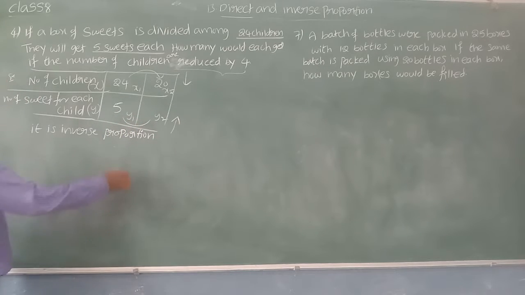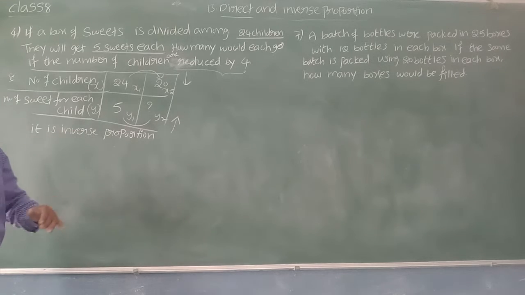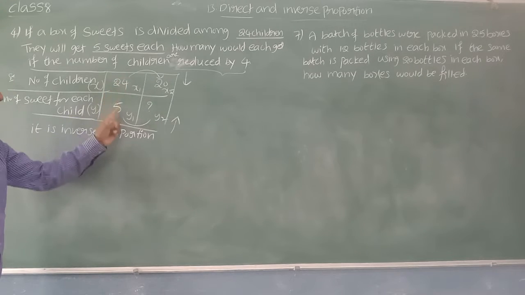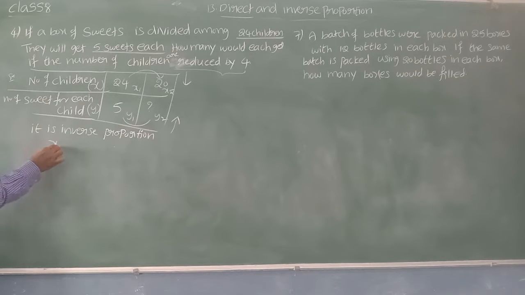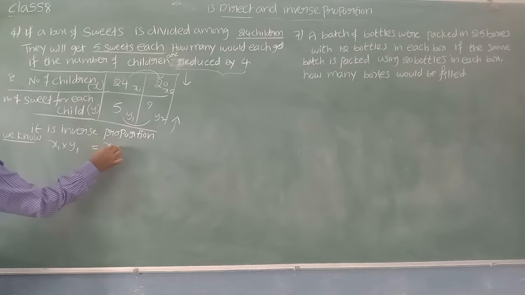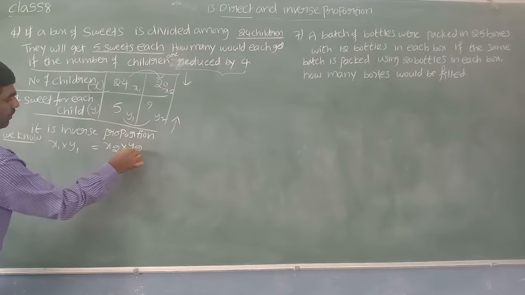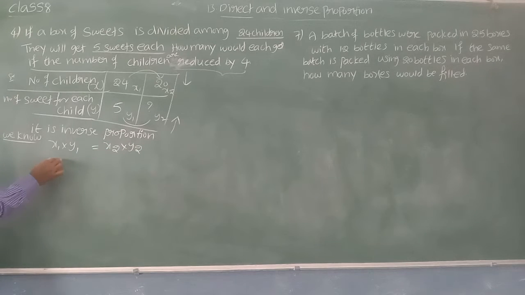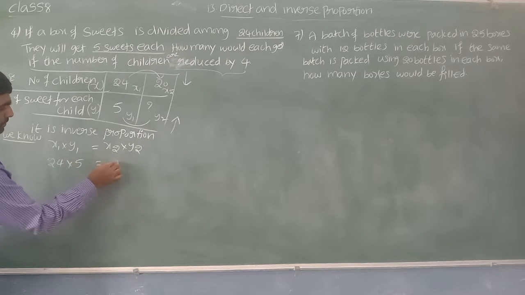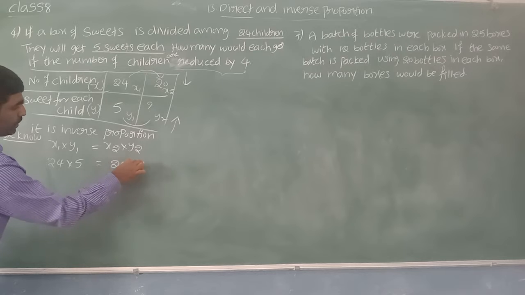Here we need to find y2. We know that x1 into y1 is equal to x2 into y2. So 24 into 5 is equal to 20 into y2.